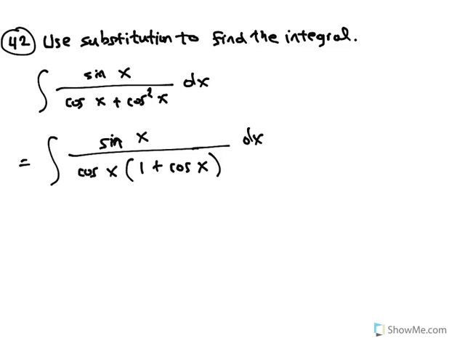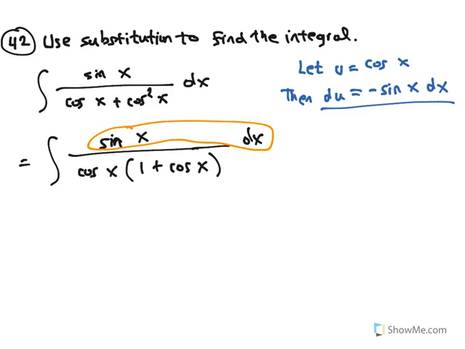And if we use substitution, look at what the problem becomes. We're going to use the substitution, let u be equal to cosine x, and we have cosine x in the denominator. Then the differential of u would be negative sine x dx. And that's nice because we have sine x dx.